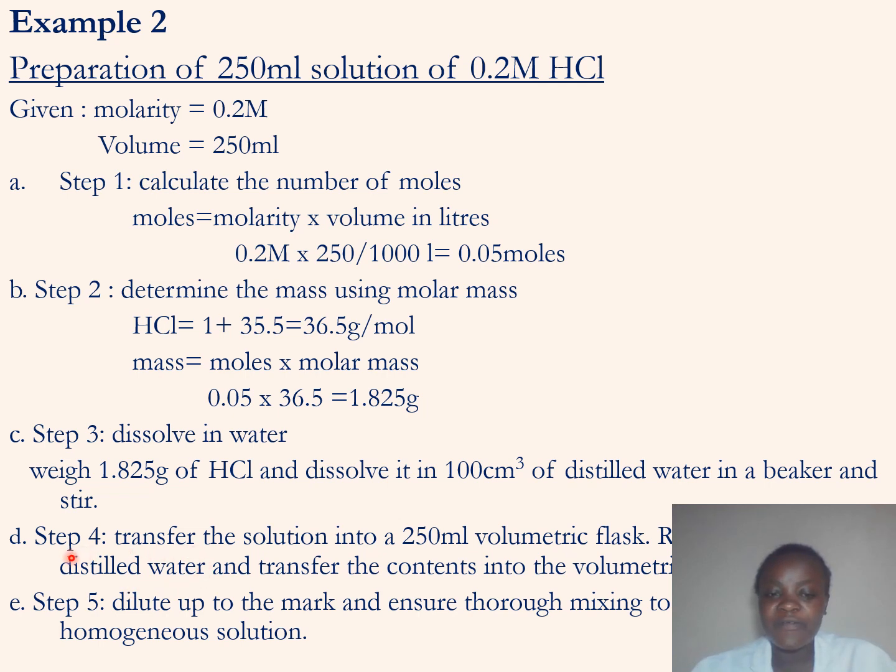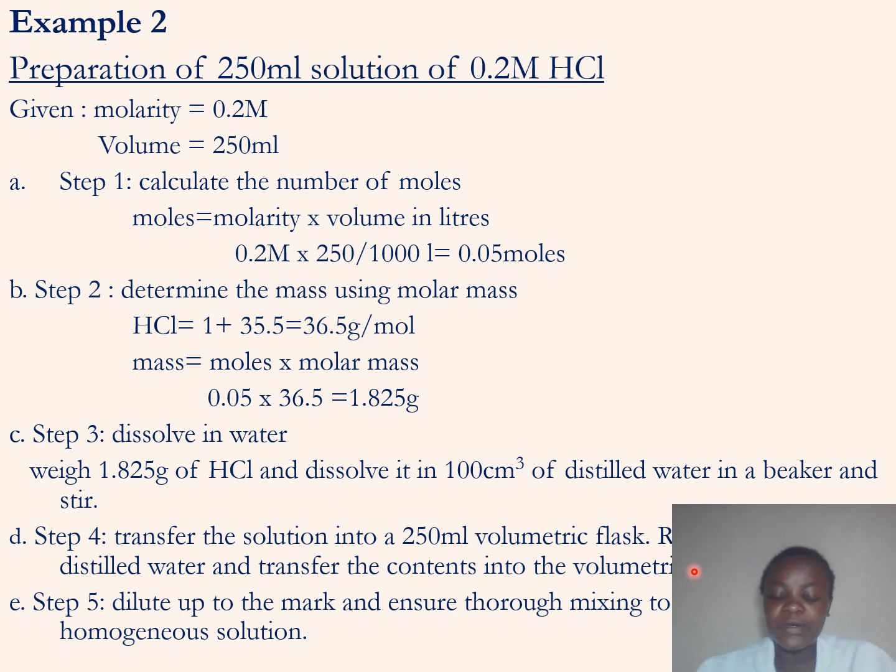So this is step number 4. We transfer the solution to a 250 ml volumetric flask. So this can be a 250 centimeters cubed volumetric flask. Then rinse the beaker with distilled water and also transfer the content after rinsing to the volumetric flask.